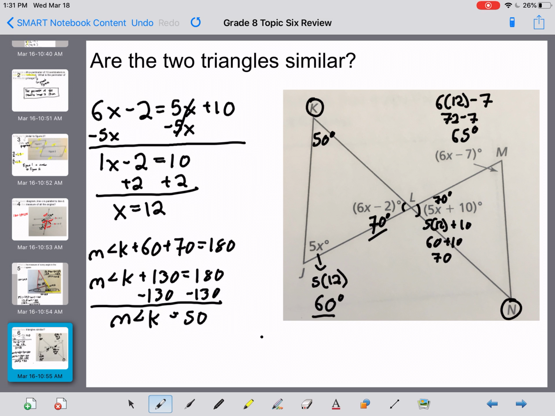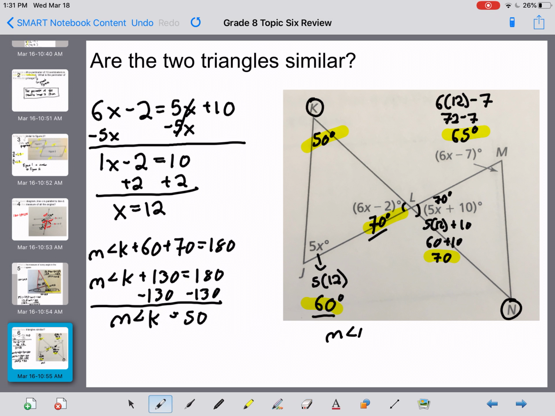Now, in order for triangles to be similar, you need to have two angles that are the same. In this triangle, I have 60, 70, and 50. In my other triangle, I have 65 and 70. I have to find the measure of angle N now. I can do my same process that I just worked through.